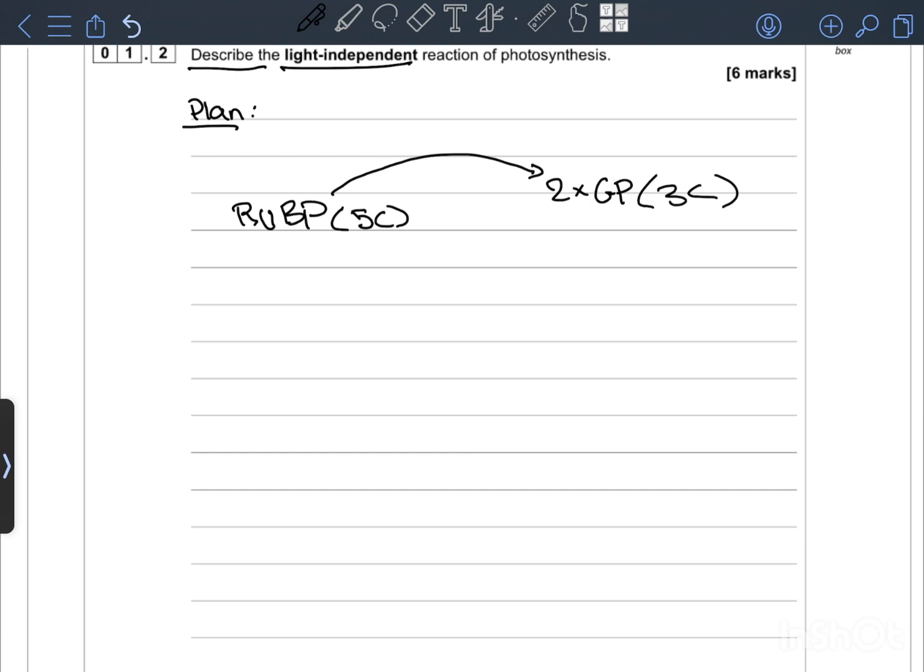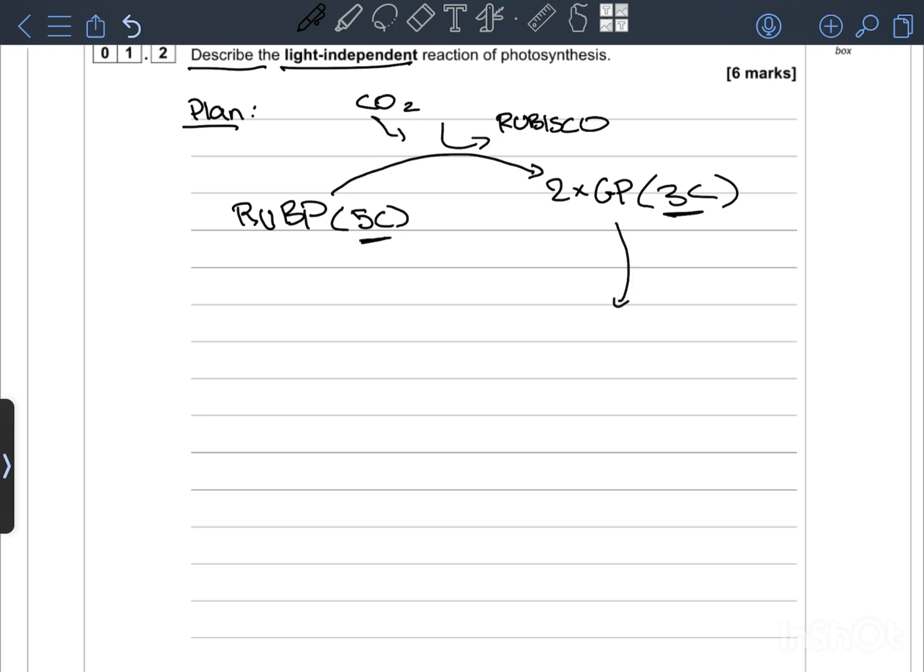Because we've gained 1 carbon, as in total this will be 6 carbons but this is 5 carbons. Normally with these sorts of reactions, when a carbon is being added or removed, we know that carbon dioxide most of the time is going to be involved. Also, a very important thing to mention: an enzyme called rubisco catalyzes this reaction.